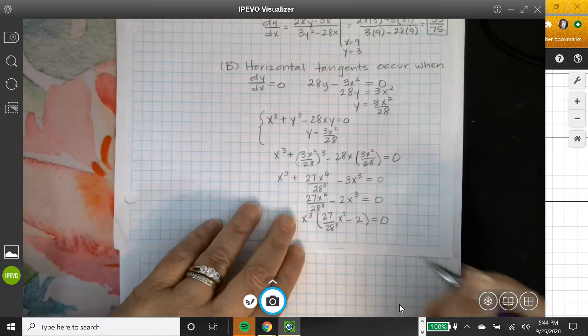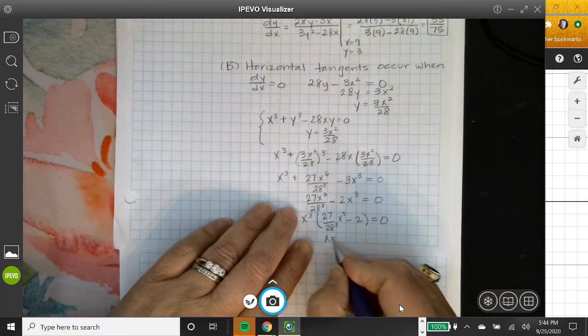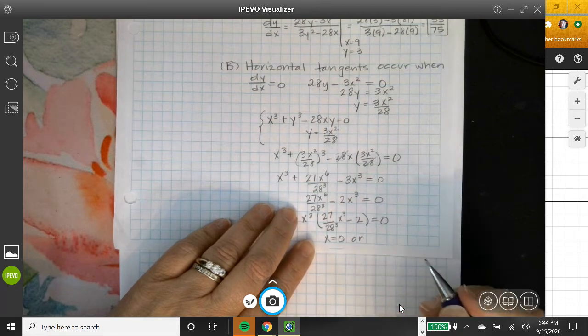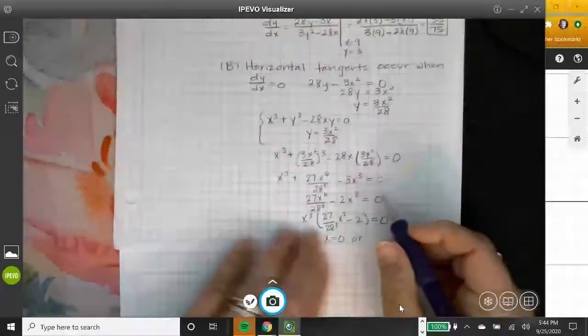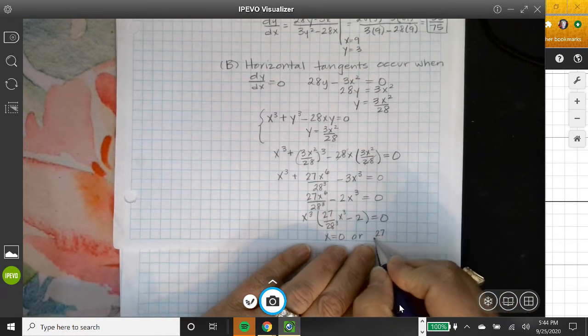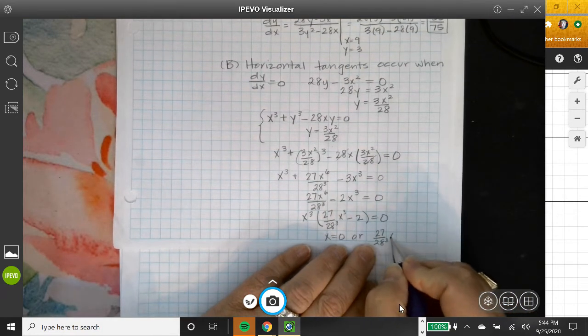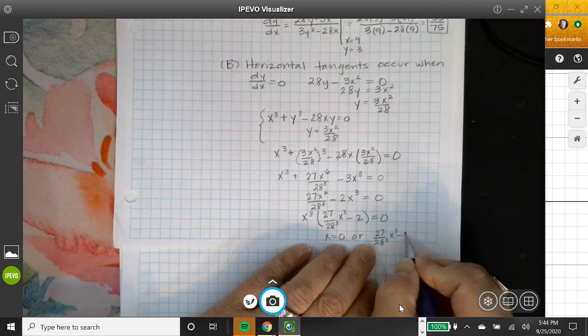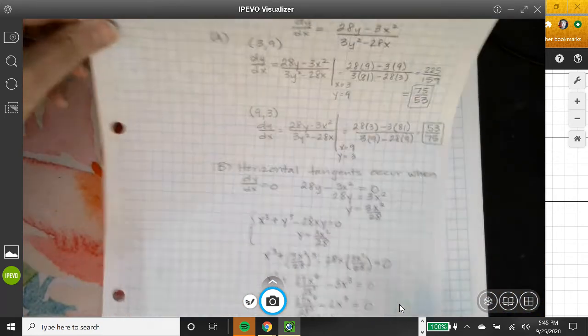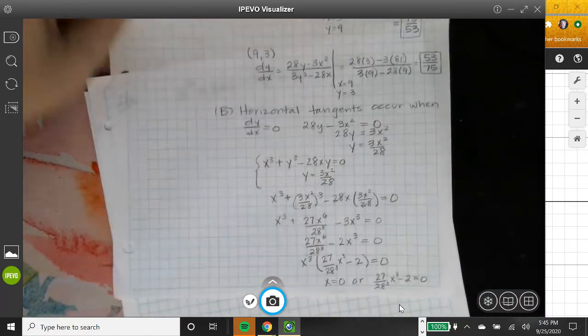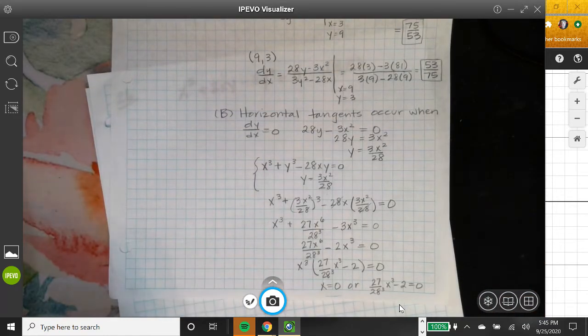So I have a situation here where x equals 0, or what happens? This equals 0. So 27 over 28 cubed x to the third minus 2 equals 0. So I need another piece of paper. Hang on.